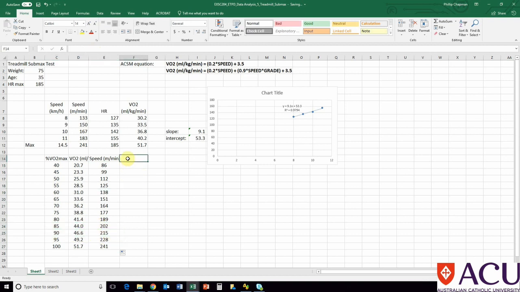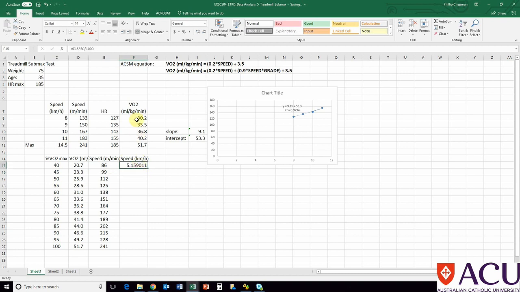And now we can calculate the speed in kilometers per hour. Okay, so it's going to be that number multiplied by 60 divided by 1,000. So equals the 86 meters per minute multiplied by 60 divided by 1,000 is 5 kilometers per hour.